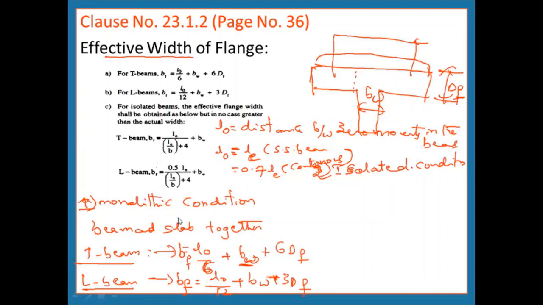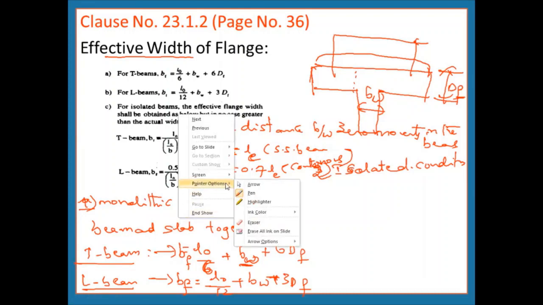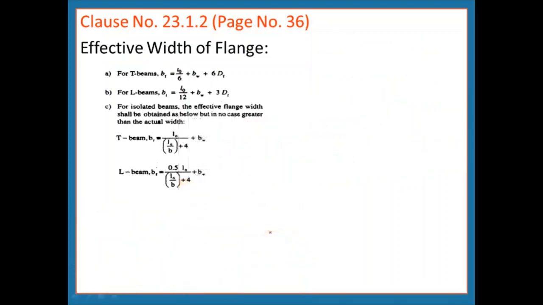But sometimes it can be an isolated condition. Isolated condition means, suppose consider the construction of a footwalk like this. When you construct a footwalk like this, we construct only one beam and one slab.